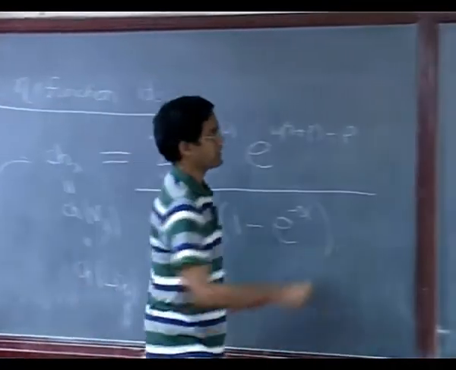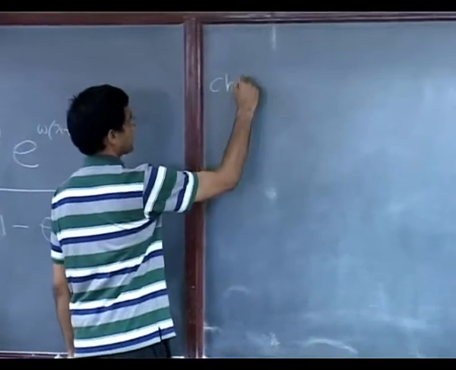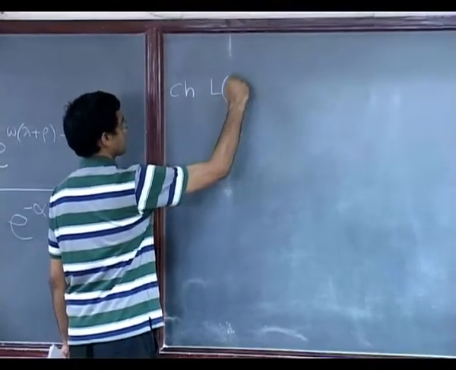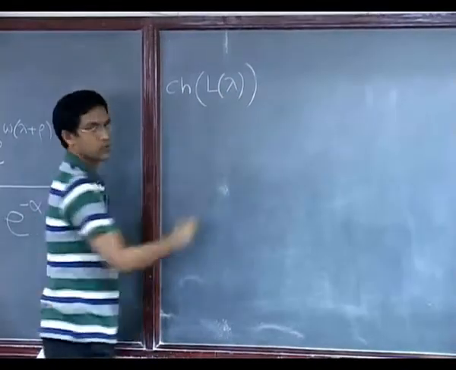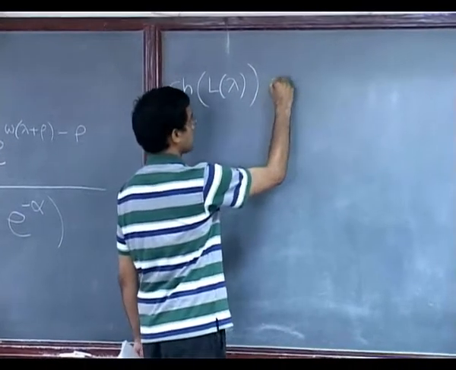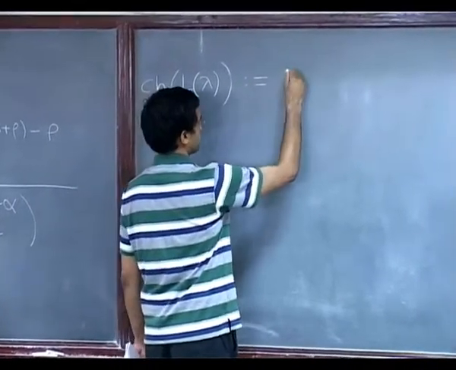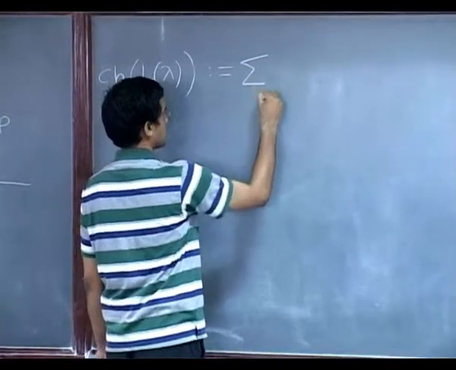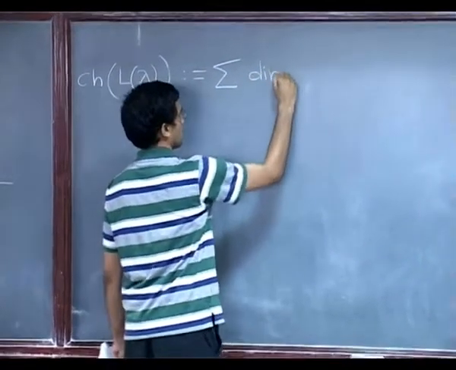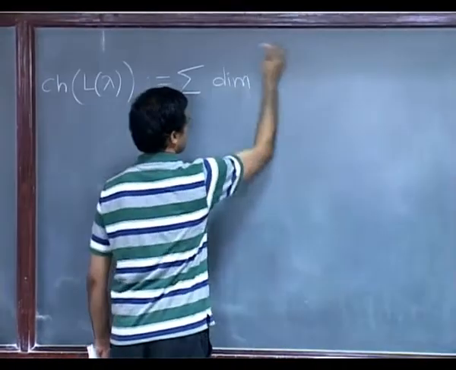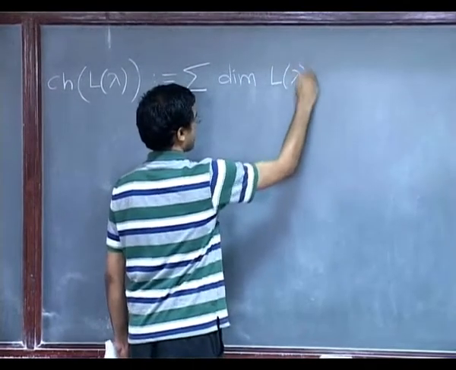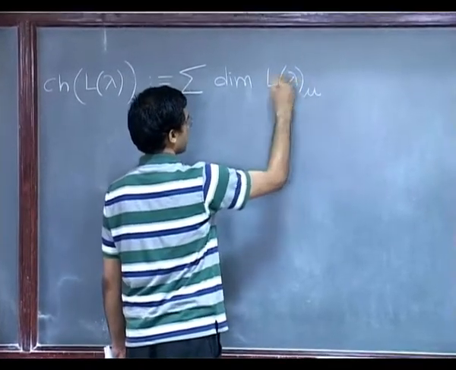The left hand side, again the character of this representation. I am going to start using sort of the Kac notation, L lambda for that highest weight module. Remember, the original definition of this object is the generating function which keeps track of the dimensions of the various weight spaces.